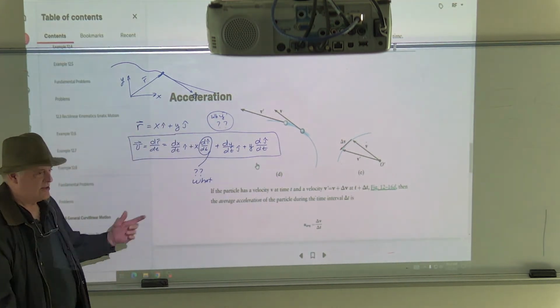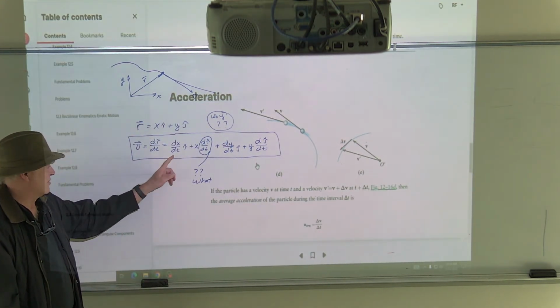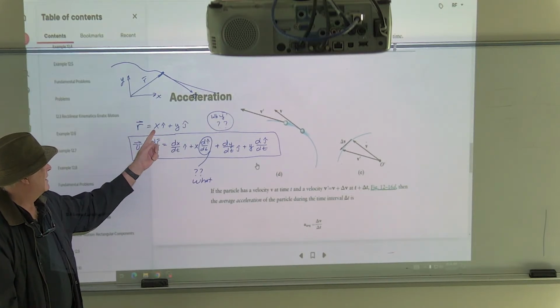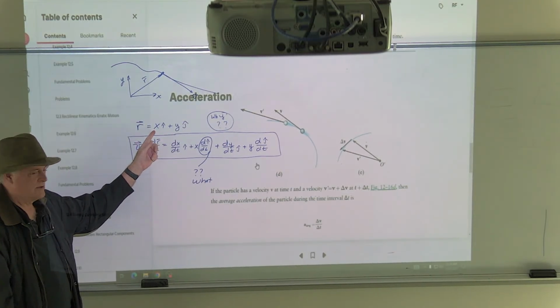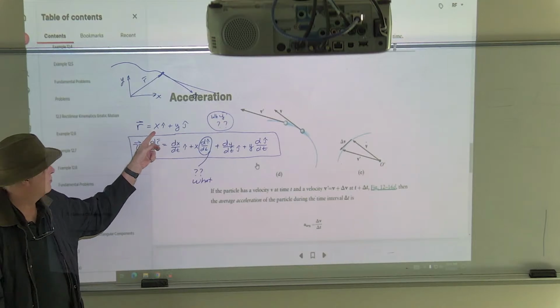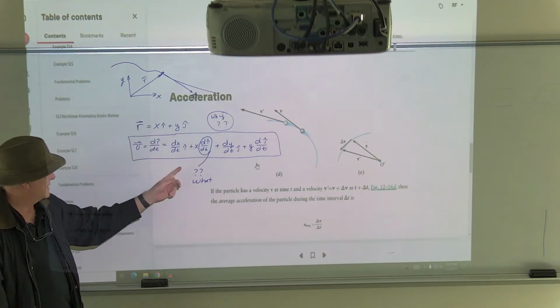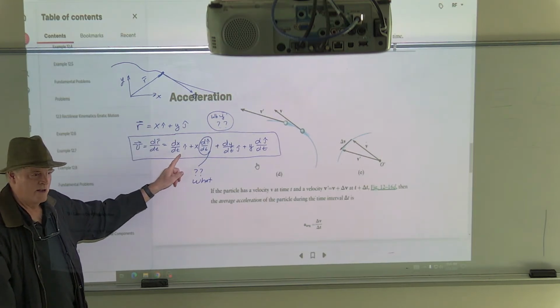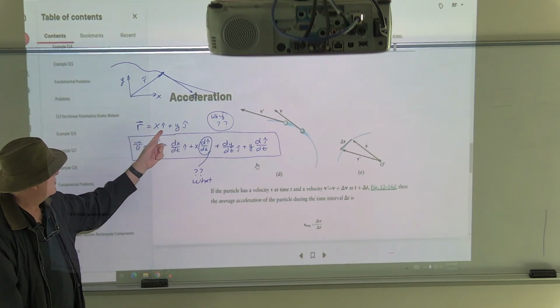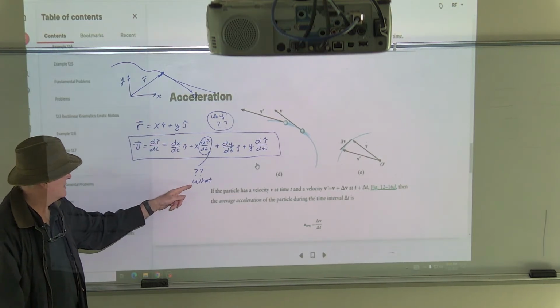From a mathematician's viewpoint, that's totally correct. A mathematician who isn't told what the physical ramifications of x and i are, that's what he's going to do.